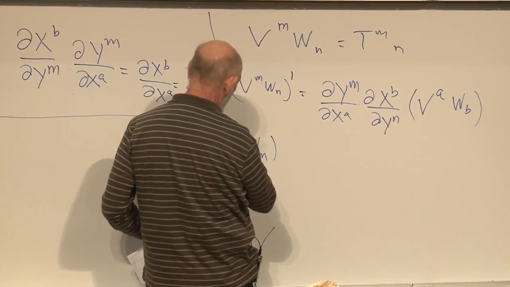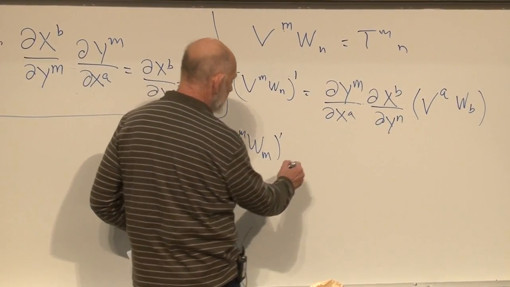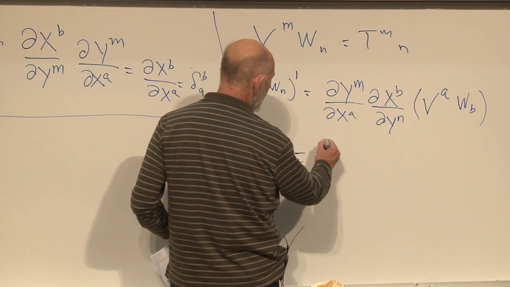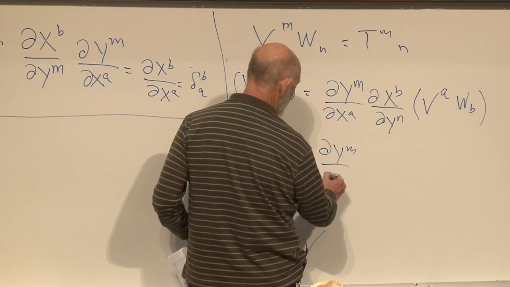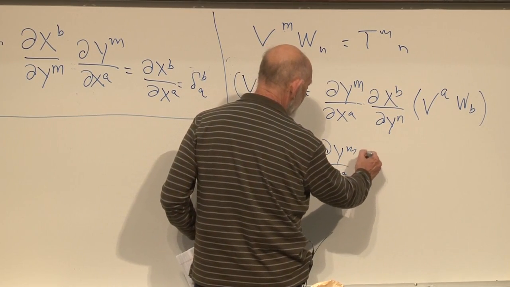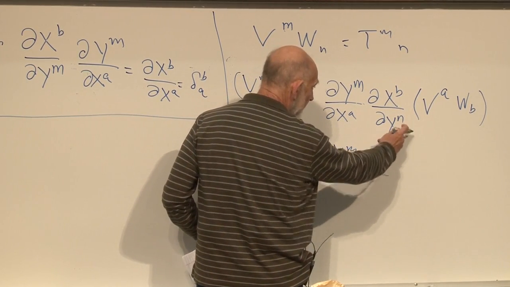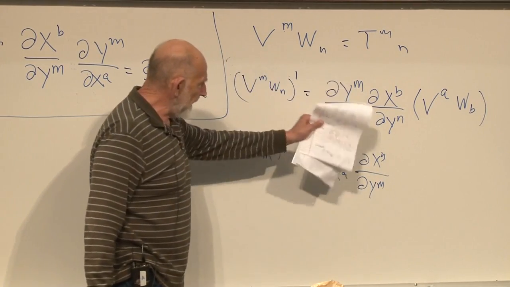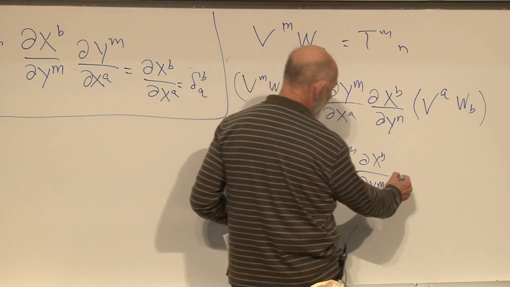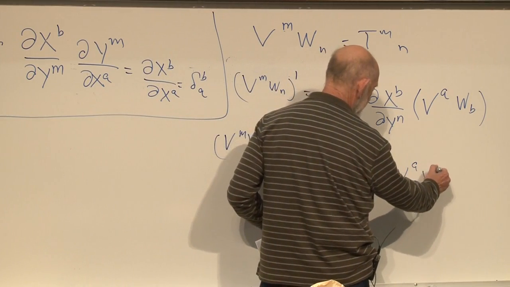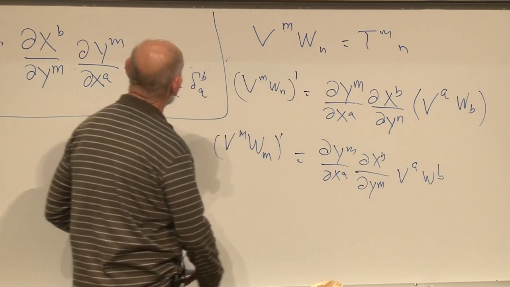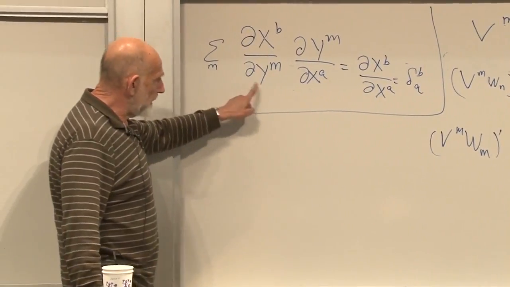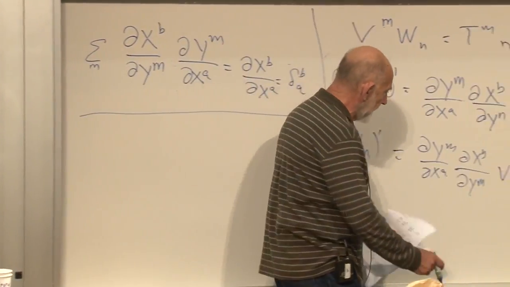All we have to do, the primed component of it, is equal. Now all we have to do is identify M and N: dy^M by dx^A, dx^B by dy^M, V^A W_B. M and N have been identified. And now here's where our little lemma comes in handy. dx^B by dy^M, that's the thing over here.